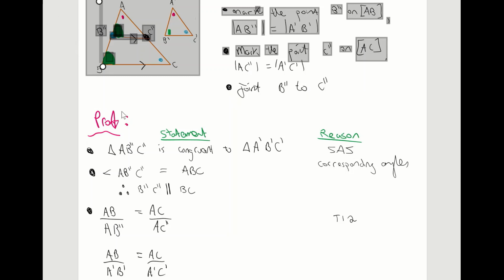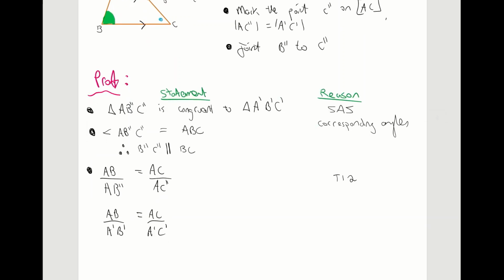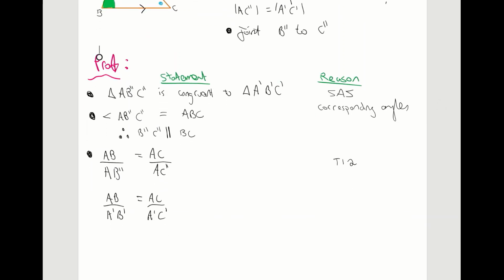And on the bottom of my fraction, or the denominators, is going to be A dash B dash and A dash C dash. Because we know that that's the same as the length from A to C double dash, just from up here. We know that they are the same thing. And finally, we're going to make our final statement, which from there, we can now say that BC over B dash C dash is equal to AB over A dash B dash.